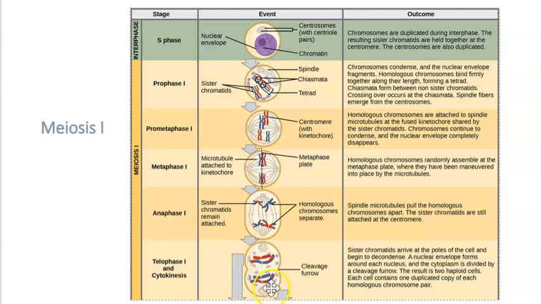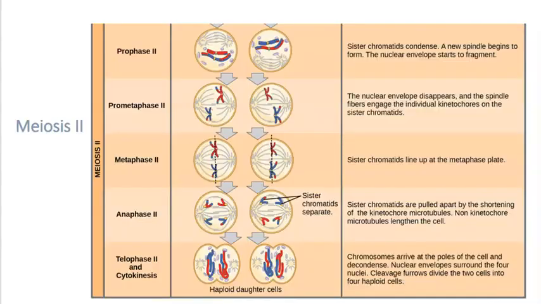So you can see that each of our daughter cells is only going to have 2 chromosomes. Again, this is just for example. In your human cells, by the time you finish meiosis 1, you would have 2 haploid daughter cells that would each have 23 chromosomes.